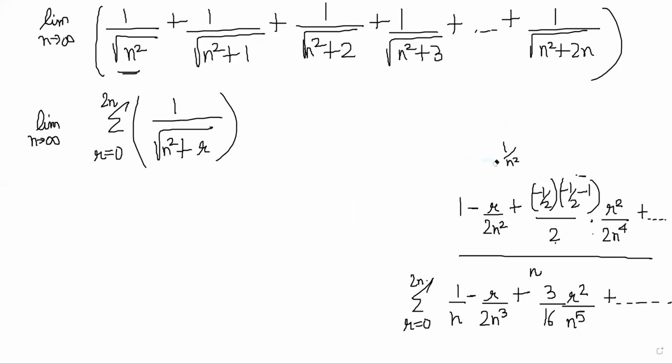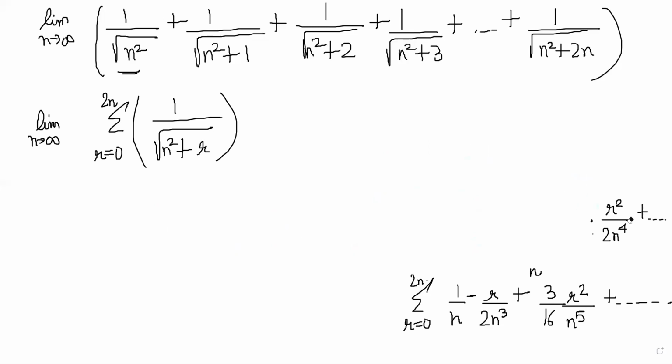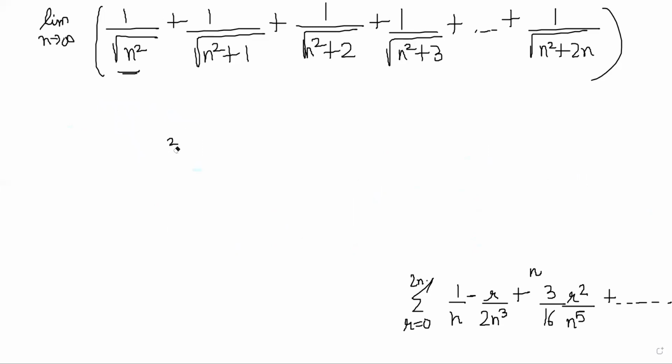There are basically 2n plus 1 terms, since r goes from 0 to 2n. So 2n plus 1 by n minus, now you have to sum this. So 1 by 2n cube, summation r goes from 1 to 2n, so that will be 2n into 2n plus 1 by 2.